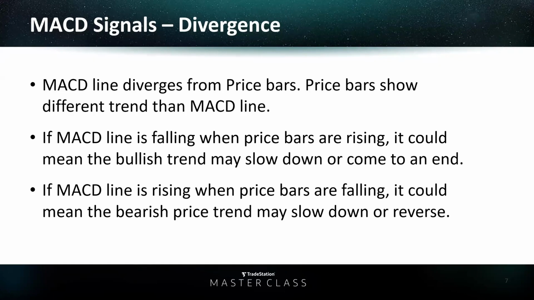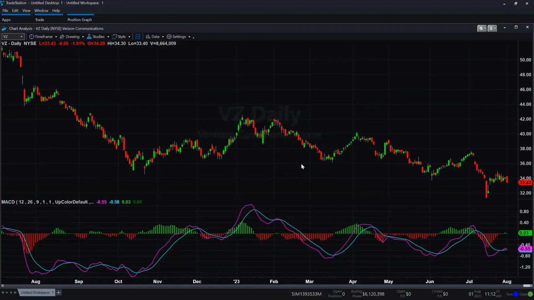So let me go over here to my TradeStation platform and show you a few things that we can do with the MACD. The MACD indicator right here at the bottom, as we said earlier, is an indicator calculated on exponential moving averages and the relationship between them.